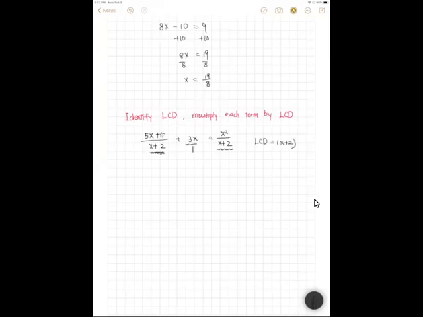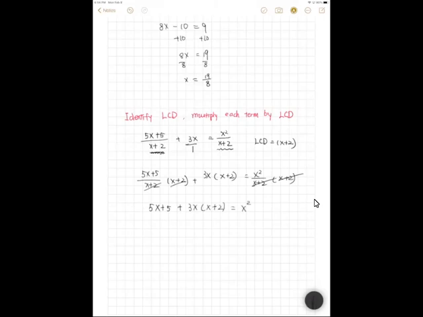So what you want to do is multiply each term by the least common denominator. So I will have (5x plus 5) over (x plus 2) times (x plus 2) plus 3x times (x plus 2) equals x squared over (x plus 2) times (x plus 2). You reduce the fraction. So I have 5x plus 5 plus 3x times (x plus 2) equals x squared.